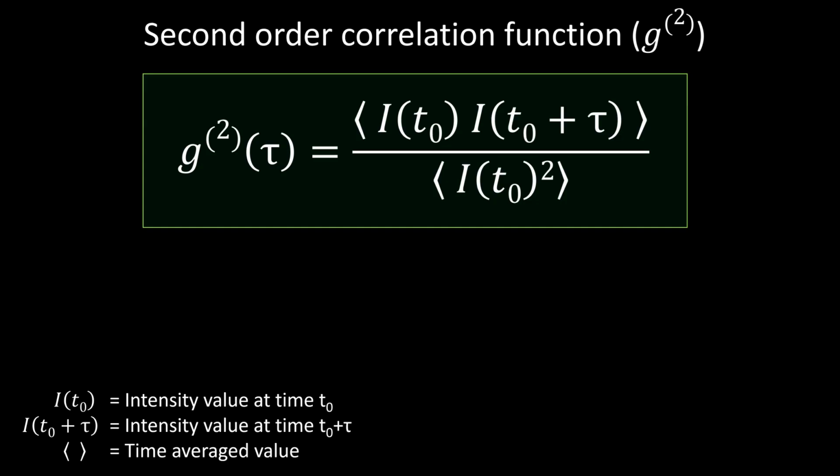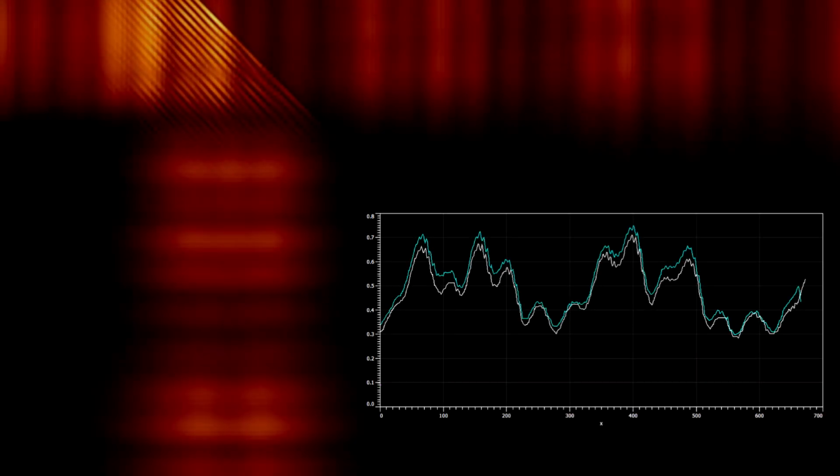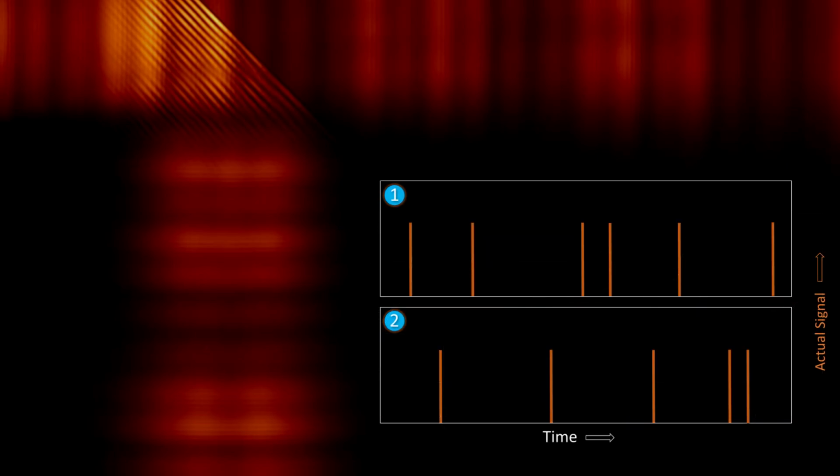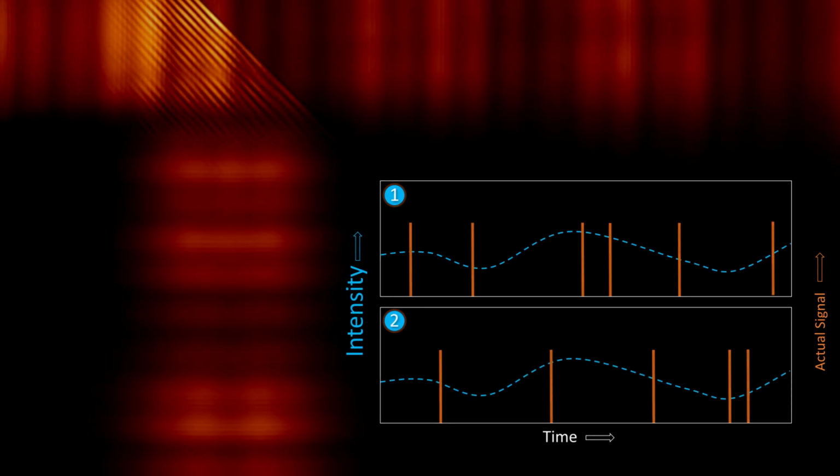But in measurements with single photons, things are even more complex. And that's because we're not measuring intensity variations directly, but a pulse pattern, which is the probabilistic result of intensity. And from, for example, this pulse pattern here, it would be very hard to say whether the intensity variations in time look something like this or like this.